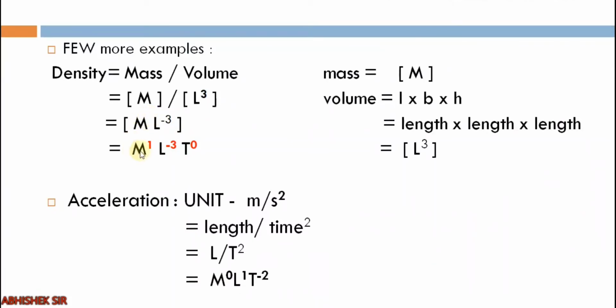So in the last step, I have written m raised to 1, L raised to minus 3 was there, and we don't have any term containing t, but let us represent t as t raised to 0, right? So the dimensional formula of density is m1 L raised to minus 3 t raised to 0.